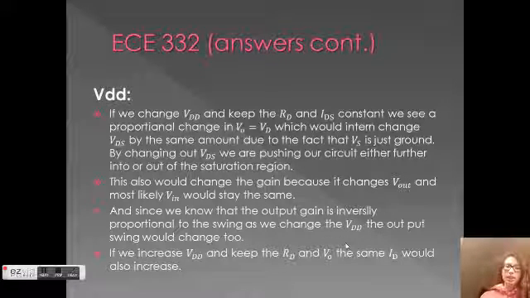Now we're going to go to VDD, which if we change VDD and keep ID and RD constant, we will see a proportional change in VD, which would in turn change the VDS because VS is just ground, and by changing VDS, we would be pushing our circuit either further into or out of the saturation region, depending on if we're increasing or decreasing VDD.